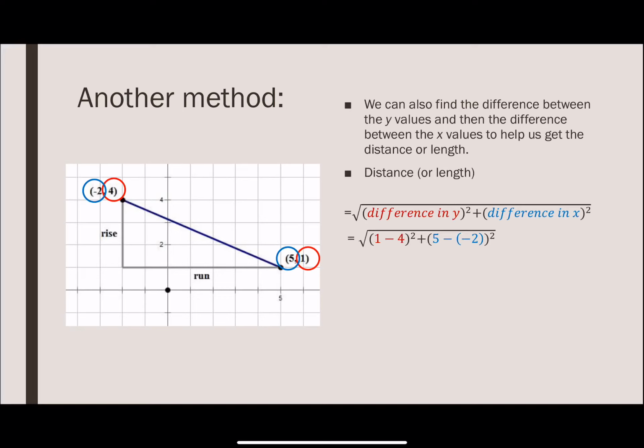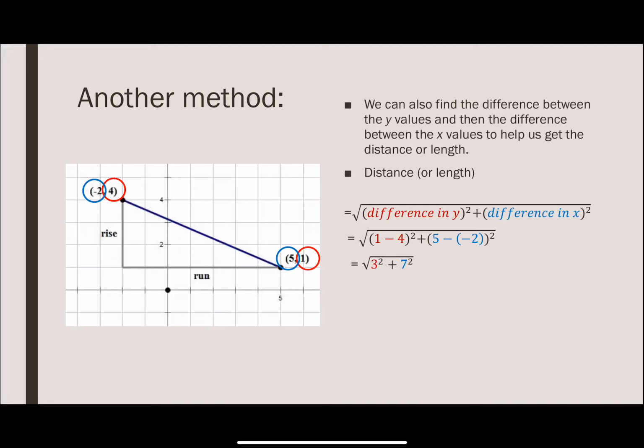Using the coordinate on the right, the y value is actually 1. We find the difference with the coordinate that is on the left, the y value is 4. So the difference is 1 minus 4. Now, for the x value, we again start with the same coordinate that's on the right. The value is 5. And we take the difference with the x value of the other coordinate on the left, which is negative 2.